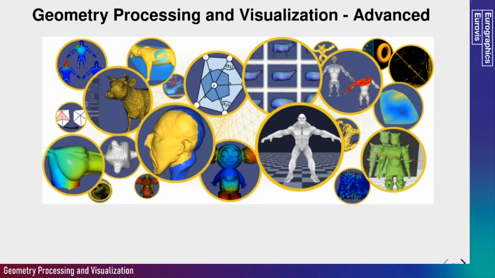I just go through some of the applications that we learn about today, and these are, for example, parameterization for texture mapping, like here in this bubble. Then we will see shape deformation, as can be seen here. Another example for shape deformation with as rigid as possible energies. Then we will see smoothing of geometry, as can be seen here.